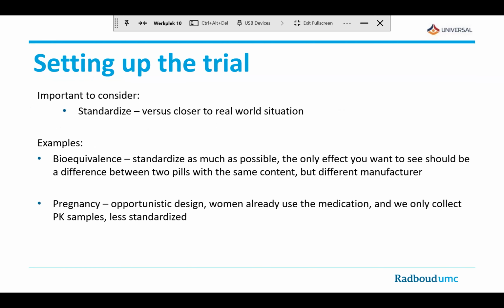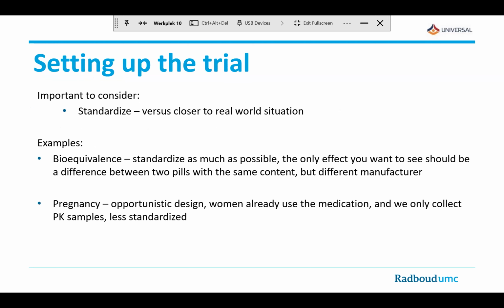Setting up a trial, you have to consider a pharmacokinetic trial. You have to consider whether you really want to standardize very much, or whether you want to mimic the real world situation more, and also what is possible.